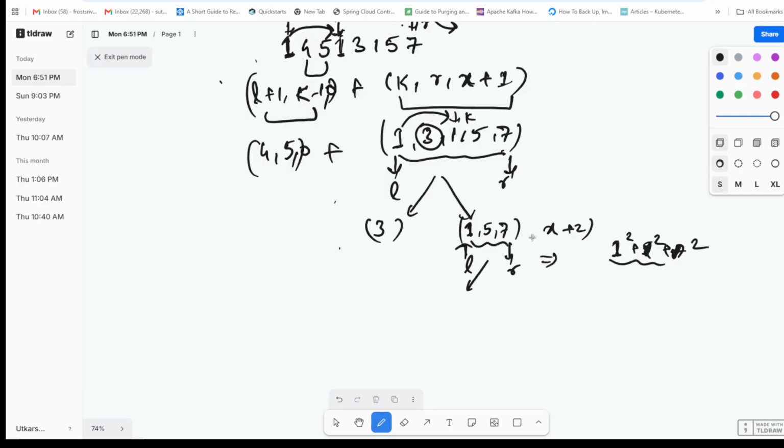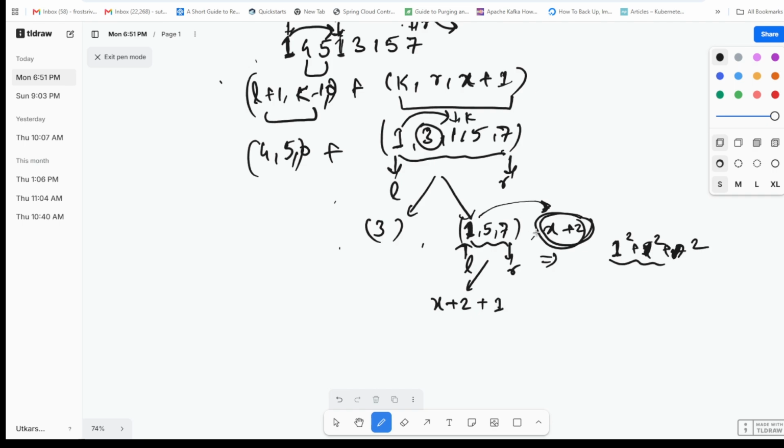1 square, if we see here, we are carrying this x plus 2, which means for this character, this one has come till now this much times, right? So what we will do, x plus 2 is already there, plus 1, because this one will also contribute.